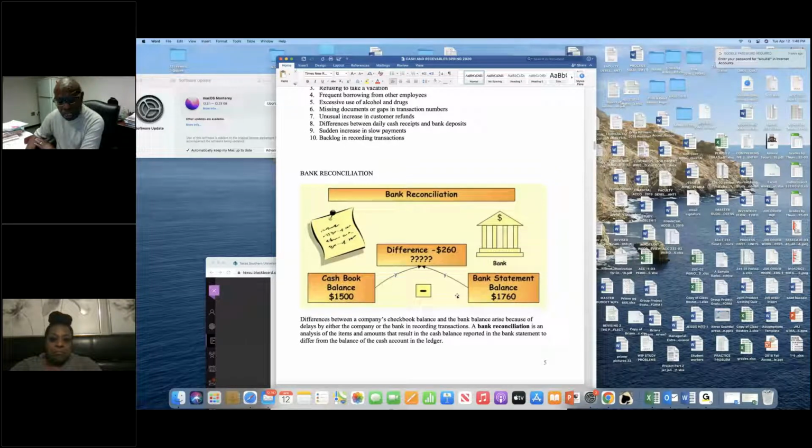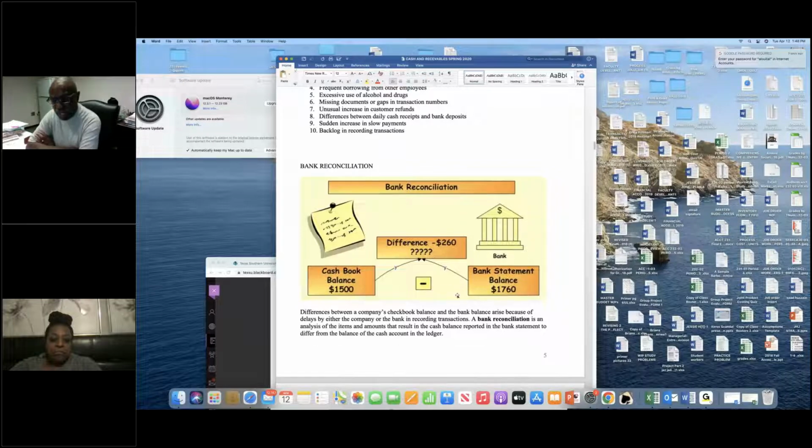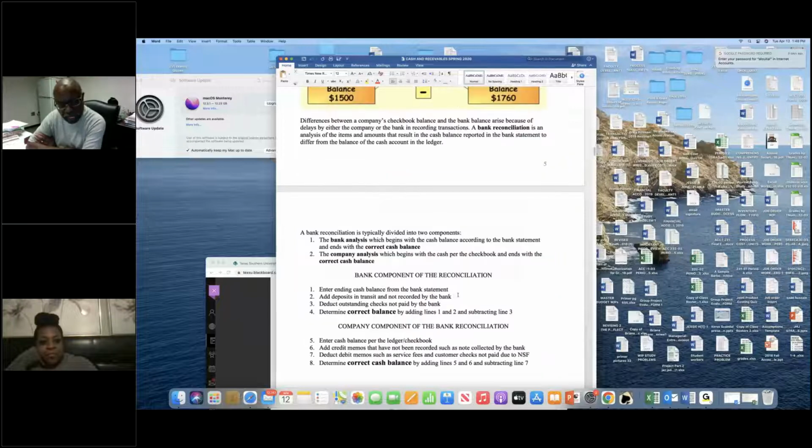If you're running a company, you've got thousands of transactions, you have to have controls in place. And of course, a company like ExxonMobil has a treasury department and everything. So a key control tool is a bank reconciliation.